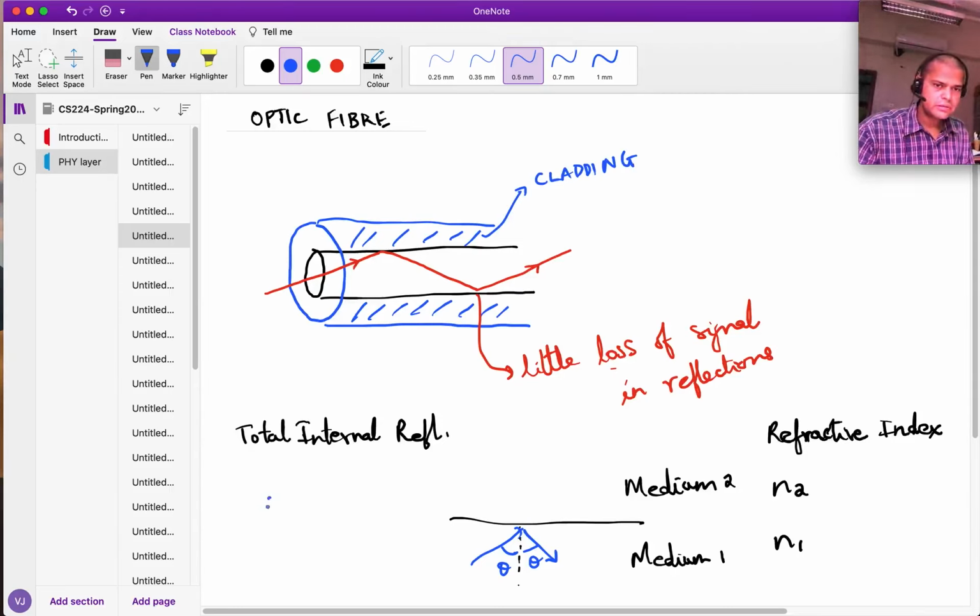And we know that this critical angle is given by sine inverse N2 by N1.